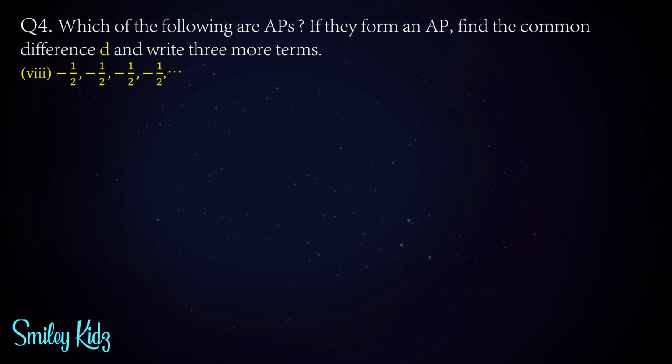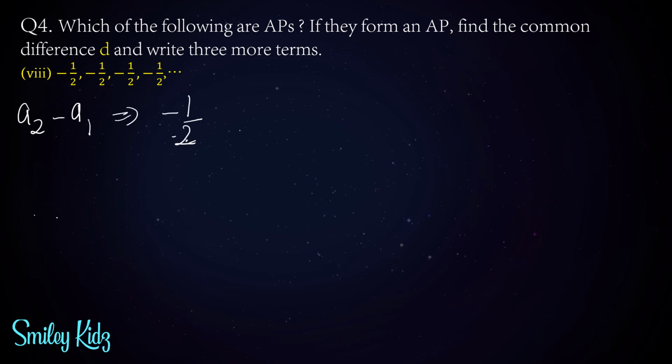Moving ahead to the 8th sub question we have minus 1 by 2, minus 1 by 2, minus 1 by 2, minus 1 by 2. Now, many of you might be thinking that this is not an AP. Well, you are mistaken. This is an AP. Why? A2 minus A1. What is A2?